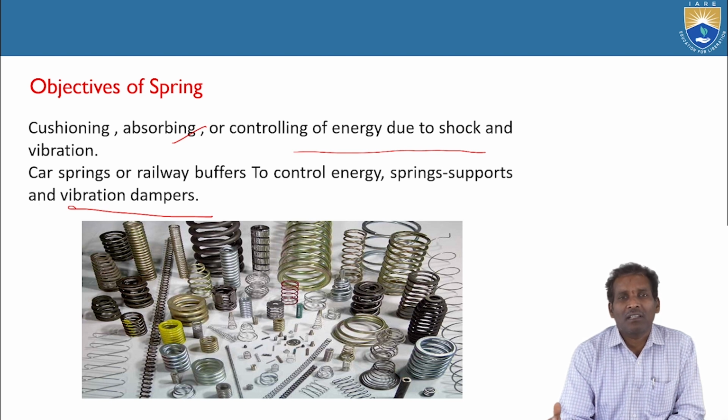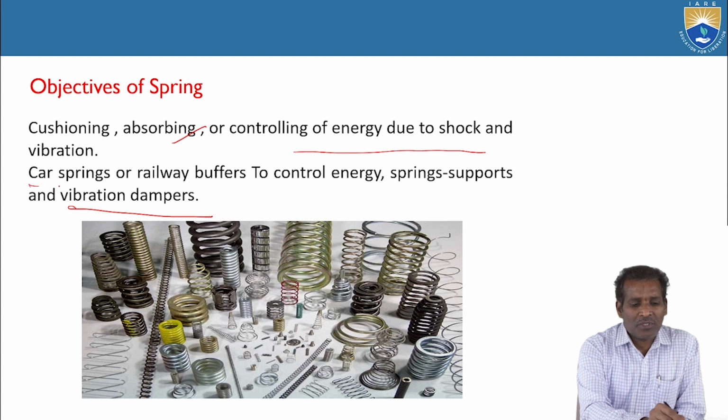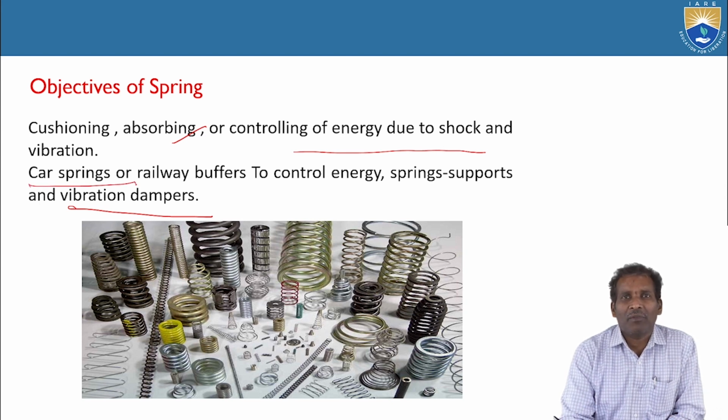Some of the vibrations you can reduce by using these dampers and springs, to avoid failure of the system. Another objective is car springs and railway buffers to control energy. Spring supports and vibration dampers, I already told you.